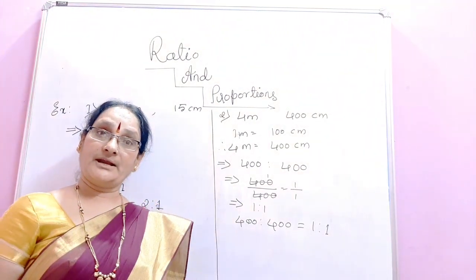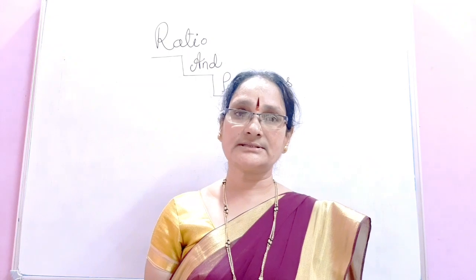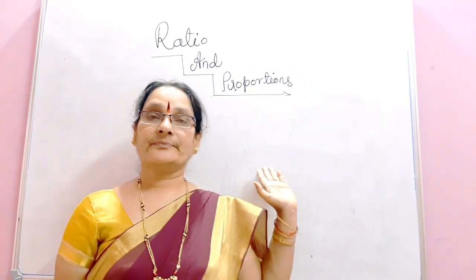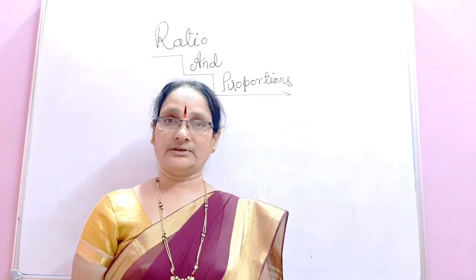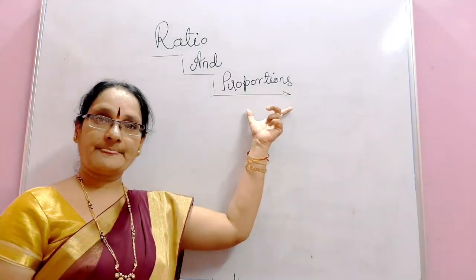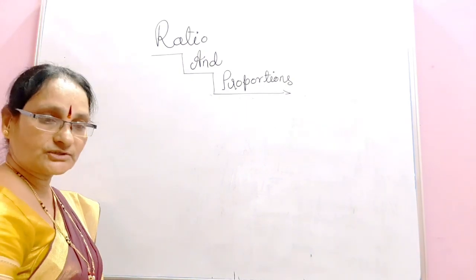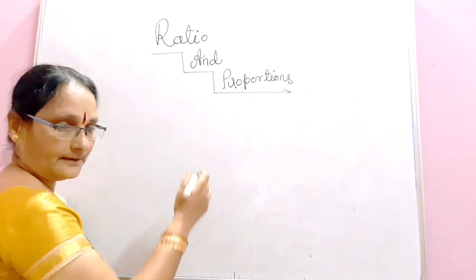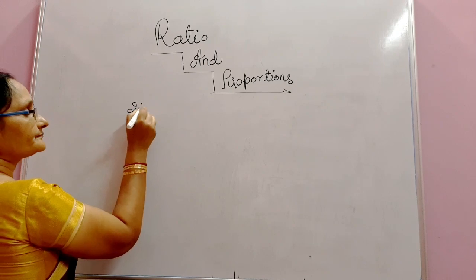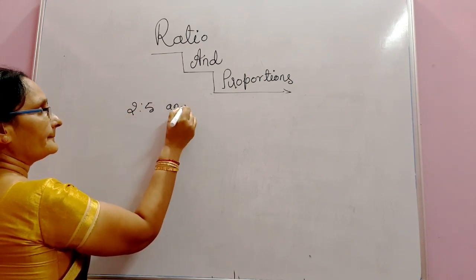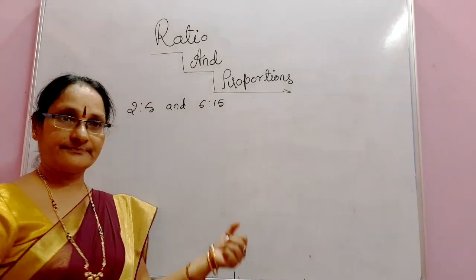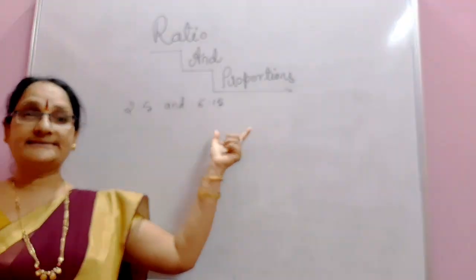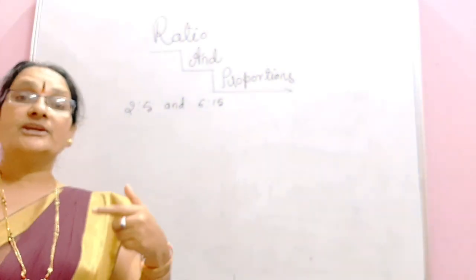The next part is proportion. See here, students, you already came to know the concept of ratio. Now the related concept for the ratio is proportion. See here, when two ratios are equal, for example 2 is to 5 and 6 is to 15 are two ratios, and now I am saying they are equal ratios.